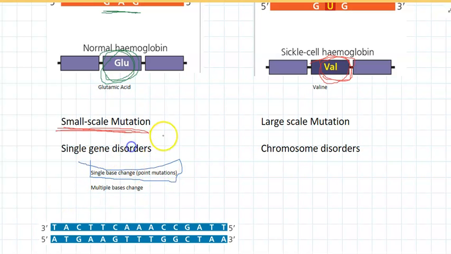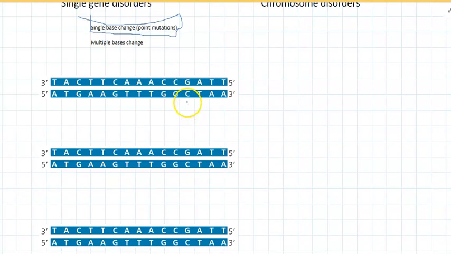And there's 3 types of point mutations that can happen in a gene. So let's say this is our gene here. The top strand we'll say is the coding strand. So that's the actual code that will be on the mRNA as well.